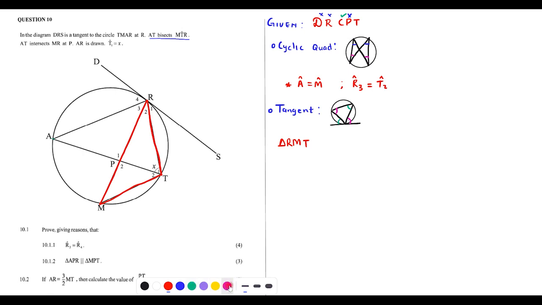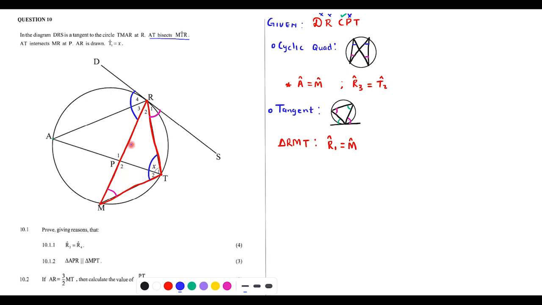What did we say here? We said the angle formed by the tangent and the chord is equal to an angle opposite that chord. So this basically means that here I can see that R1 is equal to angle M. Now is there another one that I see here? Yes, there is. The other way around, the angle formed by the tangent and the chord is equal to an angle opposite that chord.